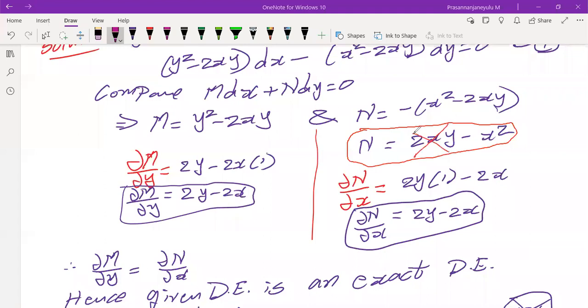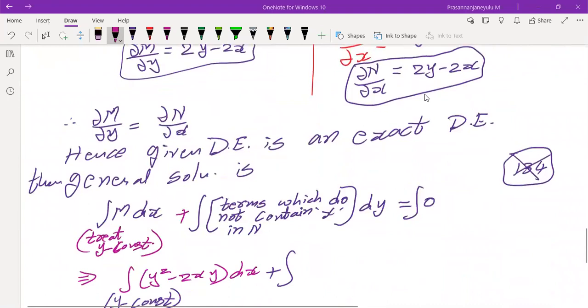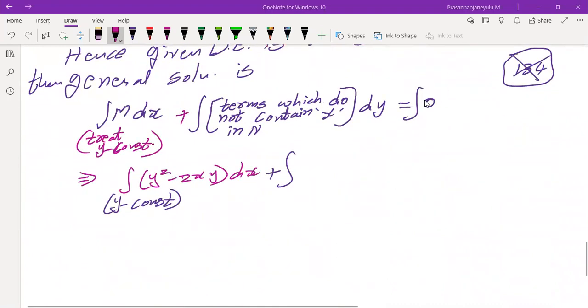In the first term, we are having the x variable, so we should not take this term. What about the second term? The second term also contains the x variable. We should not take this also. Then in that case, which one we have to take? Is there any other term other than 2xy minus x square? No. So in that case, we must take 0.